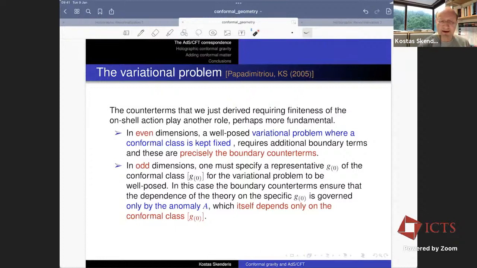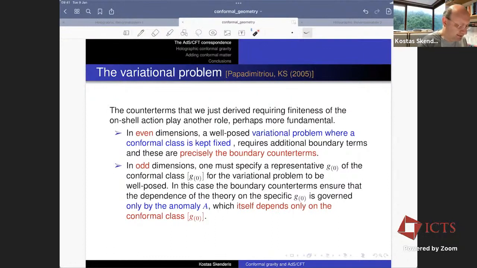Namely, you can fix a representative, but arrange such that the theory depends on the representative only through the anomaly, which itself is governed by the conformal class. And in order to do this, again, you require adding exactly the same counterterms. Okay, so that's the review of yesterday's lecture and the overview of holographic renormalization.